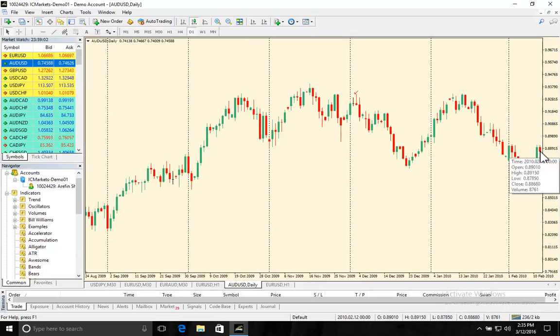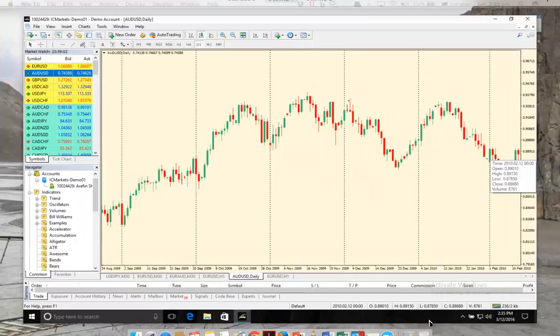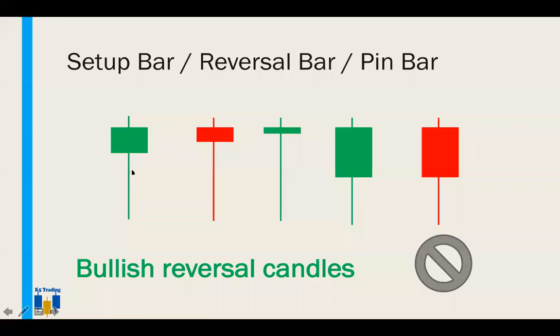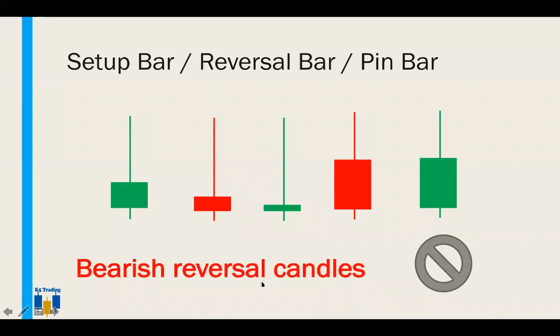So you need to understand the two. The bullish reversal has the long lower wick, right? And the bearish will have a long higher wick.